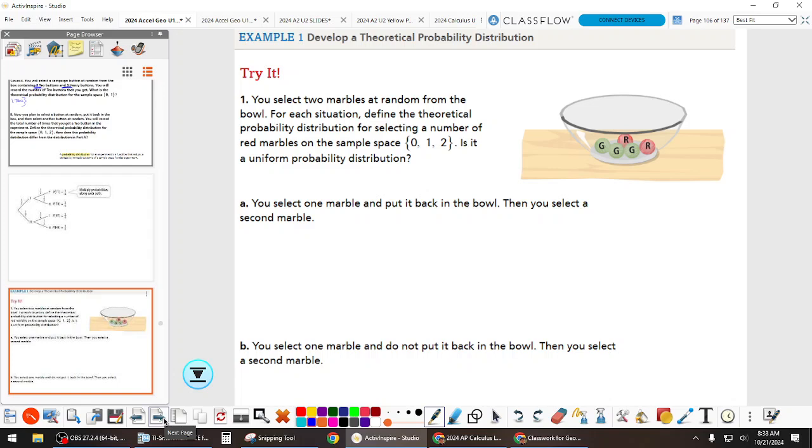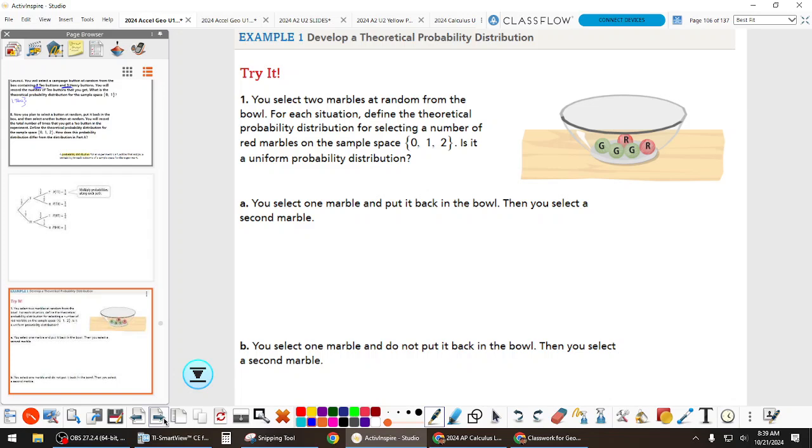So we select 2 marbles. Can you guys see the marbles? Okay. 2 marbles from the bowl. For each situation, find the theoretical probability distribution for selecting a number of red marbles on the sample space 0, 1, or 2. Why is it 0, 1, or 2 in the sample space? Because you're selecting 2 marbles. How many red marbles are in there? 2.